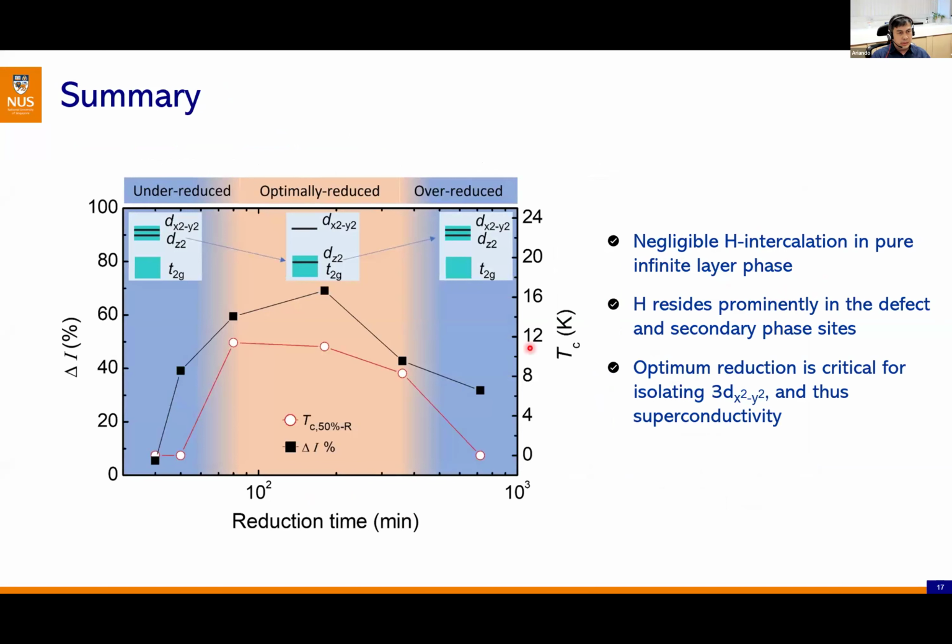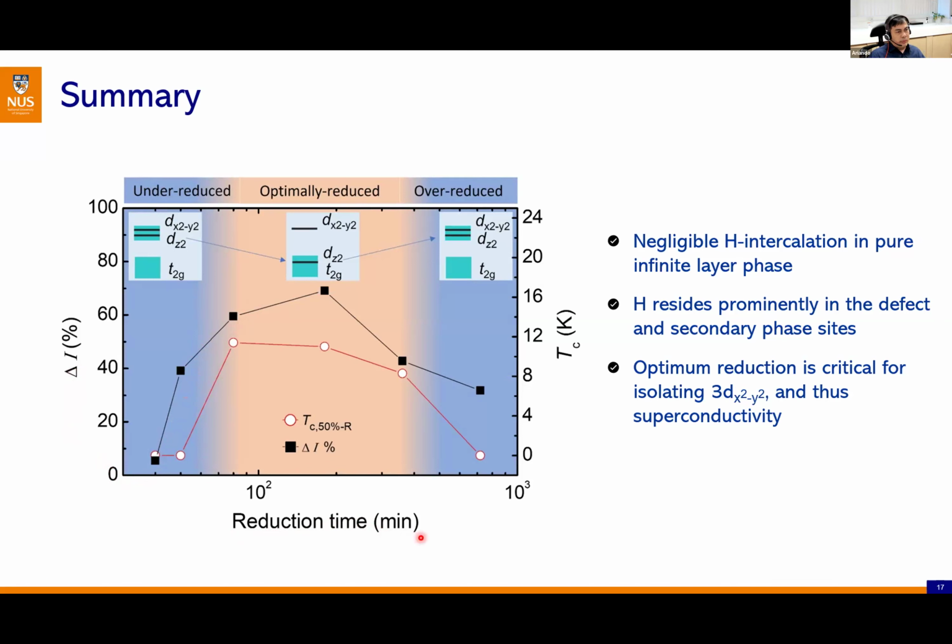The Tc is plotted on the right side, and as you can see before from the resistivity, we can divide this into three regimes: under reduced, optimally reduced, and then over reduced. On the same plot, we can plot the asymmetry of the absorptions between the in-plane and out-of-plane incoming photons. And this shows a similar trend as you increase the reduction time.